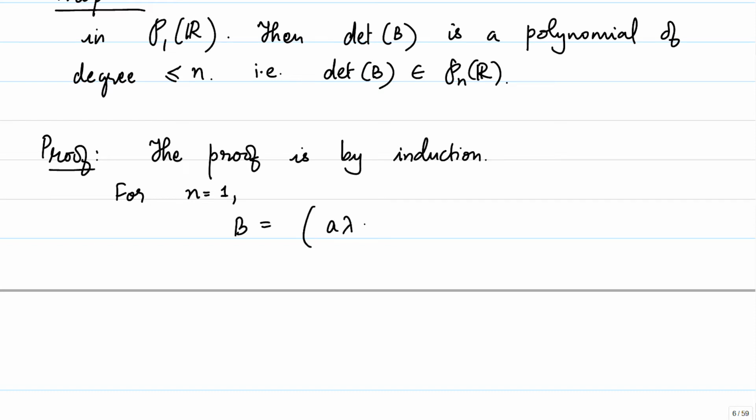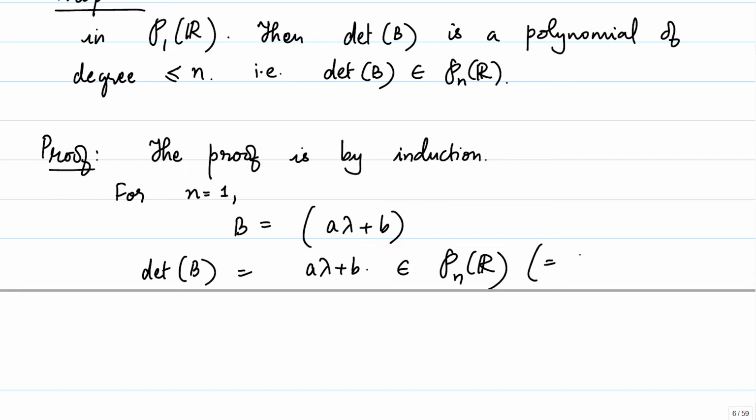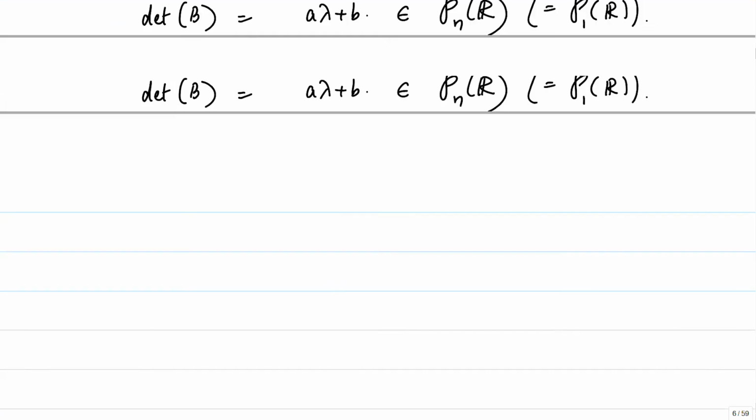So it will look like small a lambda plus small b, right? And what is determinant of B? Determinant of B is just going to be the exact same entry, which is a lambda plus b, which in particular is in P1 of R. So that's what we had, Pn of R here, because n is equal to 1, which is equal to, let me write it in brackets, P1 of R. So yes, the n equal to 1 case is easily satisfied.